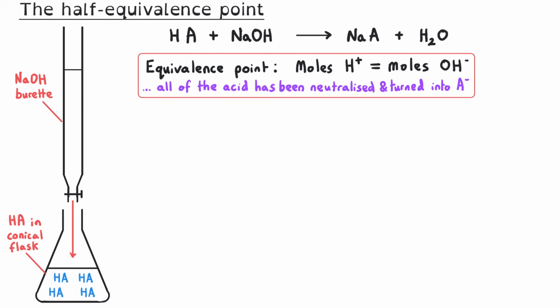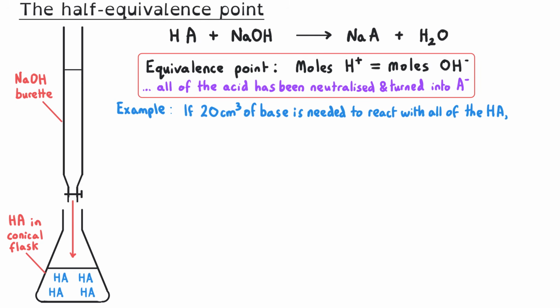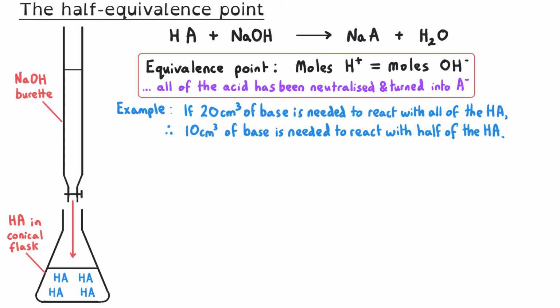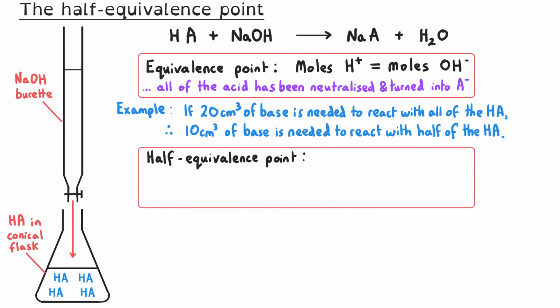In other words, at this point, all of the acid has been neutralised and converted into A-. If 20 centimetres cubed of base is needed to react with all of the weak acid, it follows that 10 centimetres cubed of base would be needed to react with half of that weak acid. This is known as the half-equivalence point.